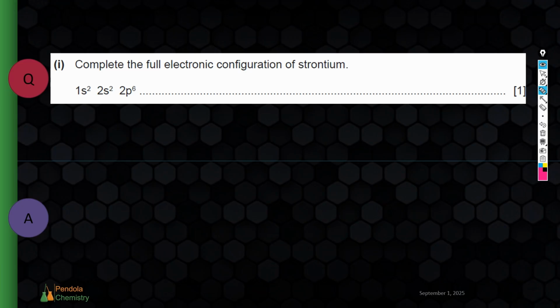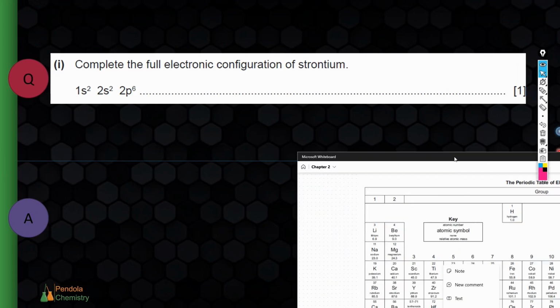Right now we have on the screen the electron configuration for strontium, it says here: 1s2, 2s2, 2p6, and they're asking us to complete or finish the electron configuration for strontium. What we need to figure out first is how many electrons strontium naturally has. And to do that, we're going to need our periodic table. So I'm going to bring that back up.